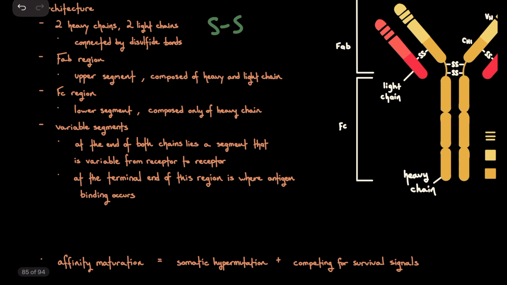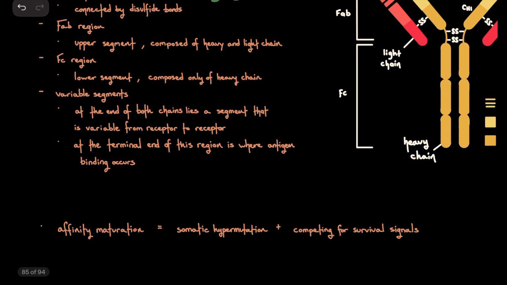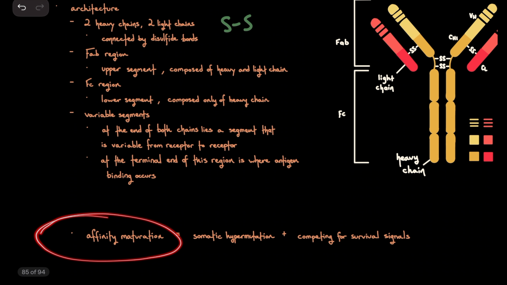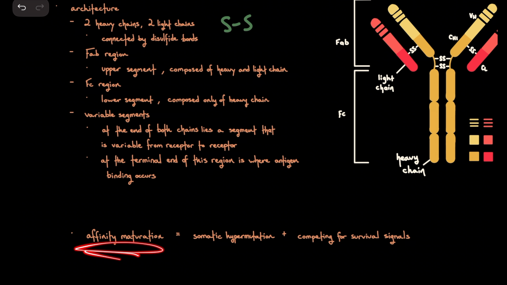So yeah, I went over that. Terminal region, that's where antigen binding occurs. It's crucial that that's functioning properly. And just a reminder for affinity maturation, right? We want that variable segment to be as adept as possible. So this is what affinity maturation is working towards.